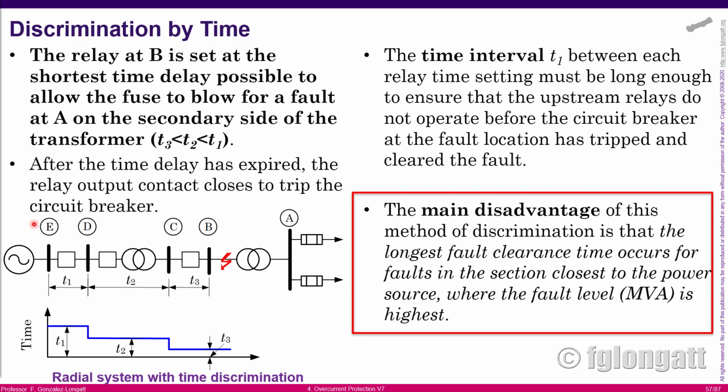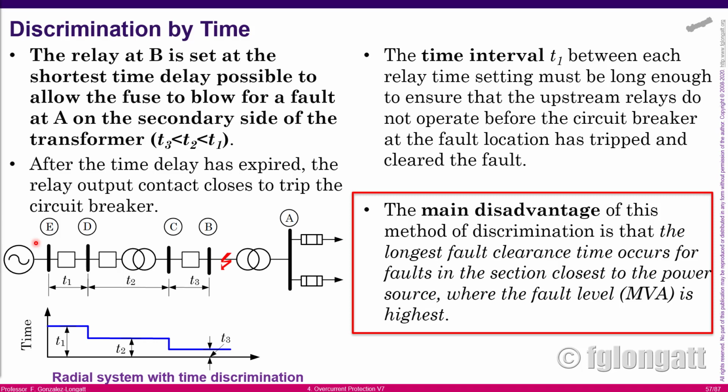However, there is an interesting thing, okay? The fastest circuit breaker, the faster operating time, will be near the fault, and the big operating time will be far away from the fault, okay? That creates a problem. Because if you remember short circuit analysis, when you are far away from the generation side, the short circuit currents are lower, and when you approach the generation side, the short circuit currents start to increase.